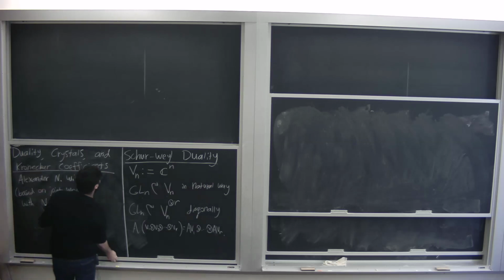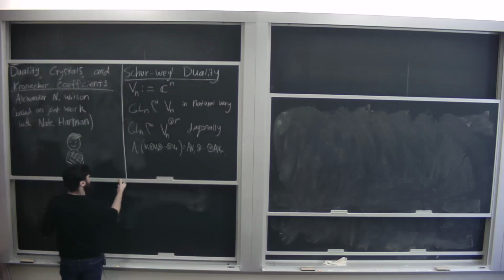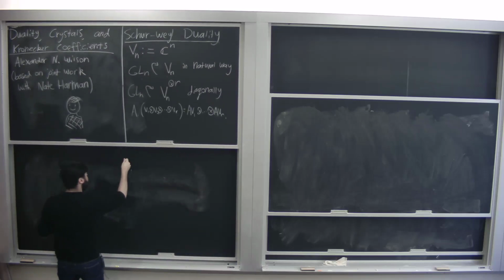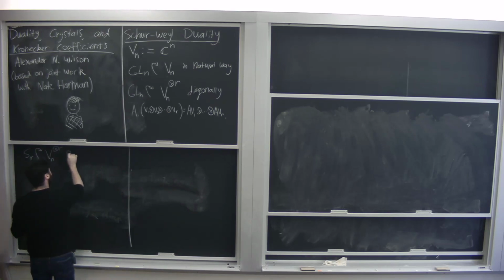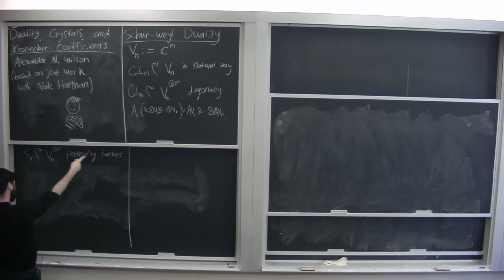The second action on this tensor power is going to be one of the symmetric group S_r. So S_r is going to act on this rth tensor power by permuting factors, essentially rearranging our sequence of vectors.